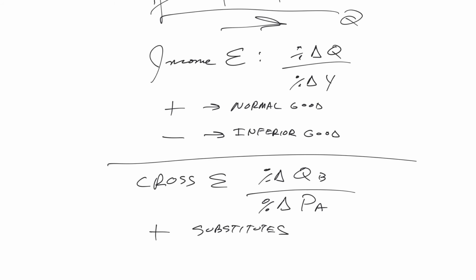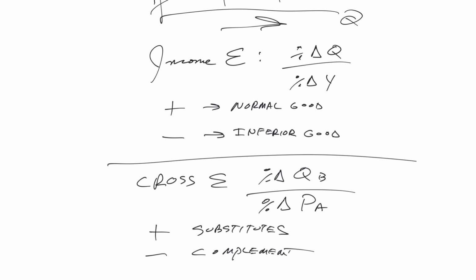If the quantity of good B goes up in response to the price of good A, so price of A goes up, people buy less of good A, and they buy B instead. If it's negative, it is a complement. Okay?